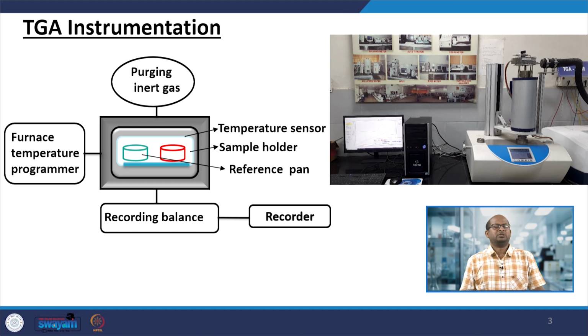At specific times we wait for the reactions from a gas precursor, let us say methane, that is decomposed over the surface of the catalyst, and then carbon nanotubes are deposited over the surface of that material.